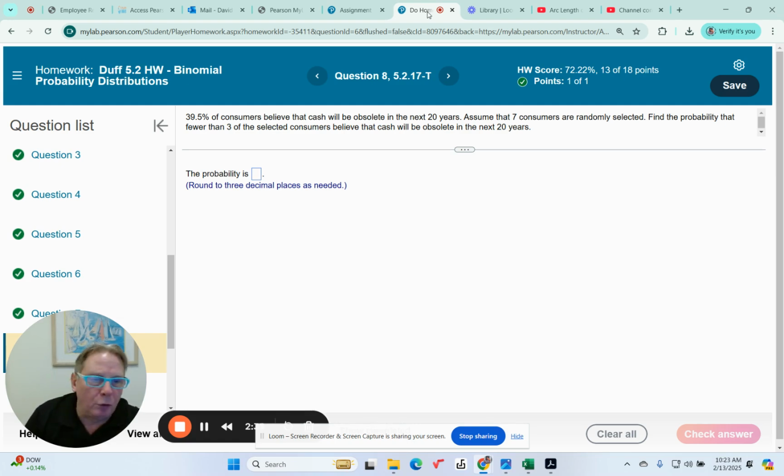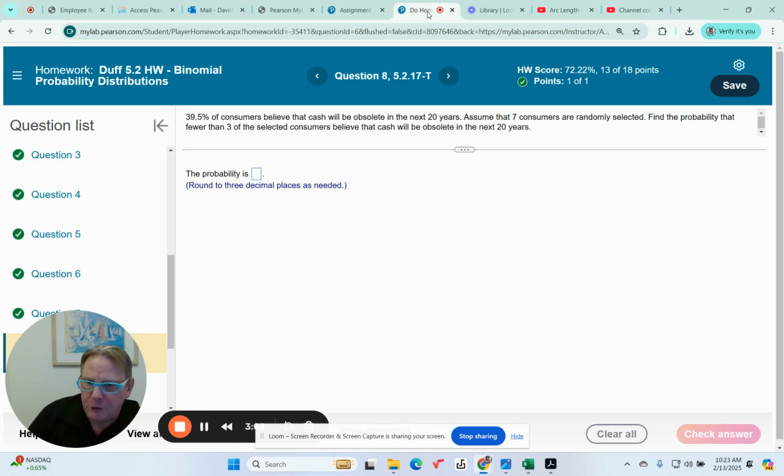And then what is X? So X is what we're looking for, right? We're going to be looking for the probability that exactly one consumer believes that would be the probability that X equals 1, or the probability that fewer than 3 believe that. Okay, so now one of the things that can be tricky is you have to watch the wording.